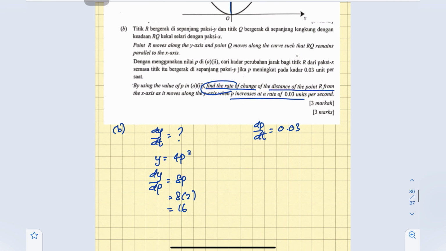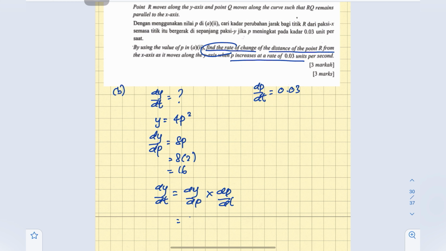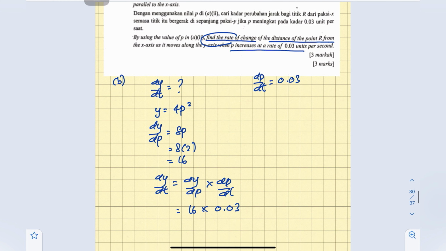By using the chain rule, dy/dt equals dy/dp times dp/dt. dy/dp just now is 16 and dp/dt is 0.03 given from the question. So the final answer is 0.48.